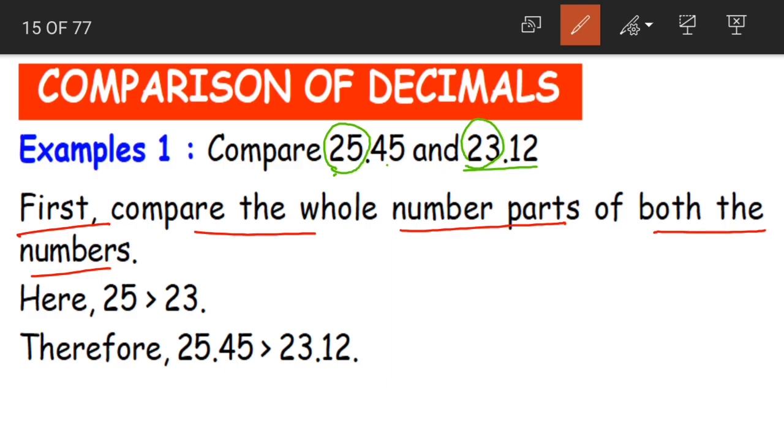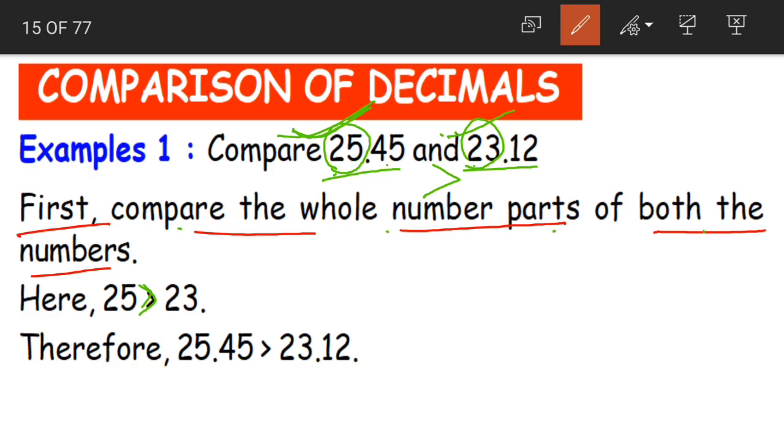When we compare 25 and 23, which is the greater number? 25 is greater than 23. So that is why the decimal number 25.45 will be greater than the decimal number 23.12. Understood, children? Simple, right?